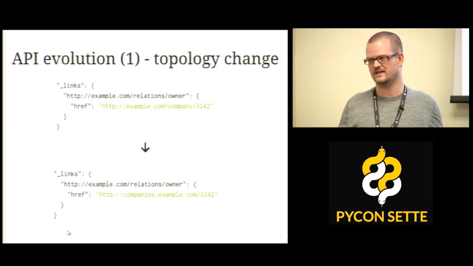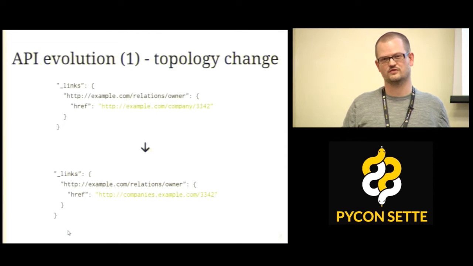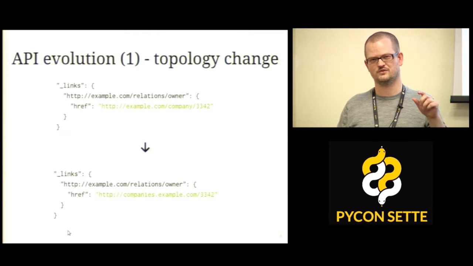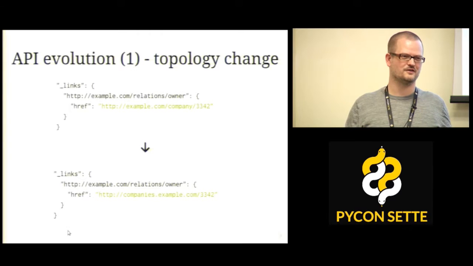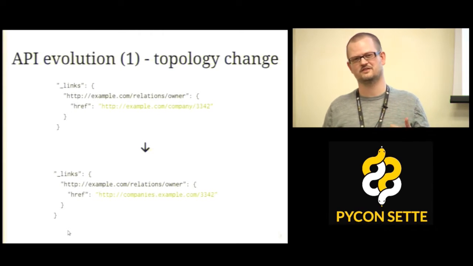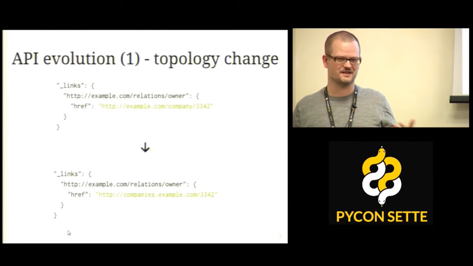They just follow the relation. And at GoAbout, for example, we relocated our authentication endpoint once, and we saw that half of our clients had implemented Hypermedia and were fine with that, and the other half had just hard-coded a couple of URLs and then crashed.